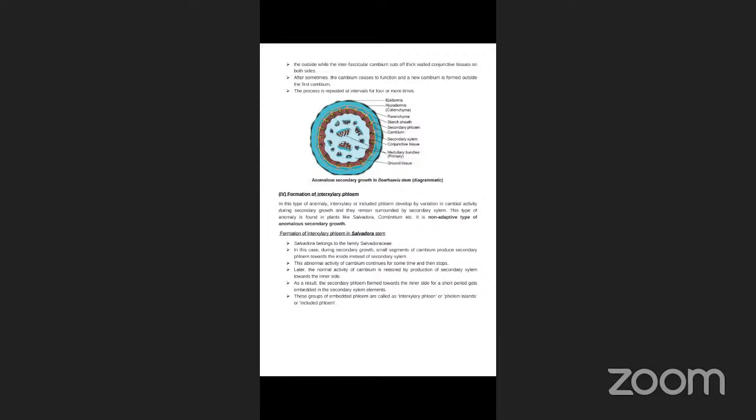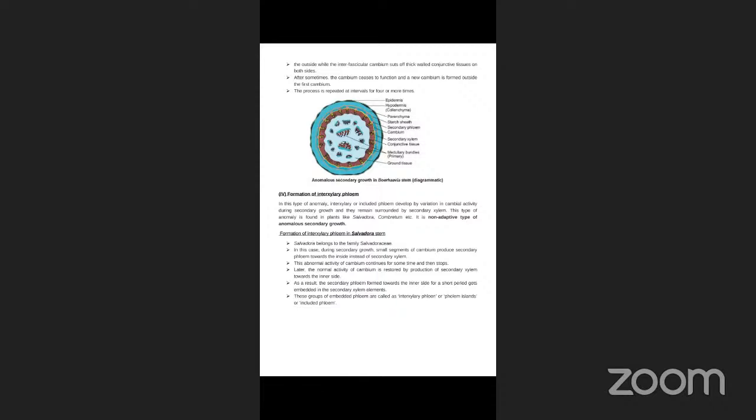The last one is Daucus carota, anomalous secondary growth. Daucus carota shows epidermis and hypodermis, next vascular bundles. Here food material is stored in the secondary growth.